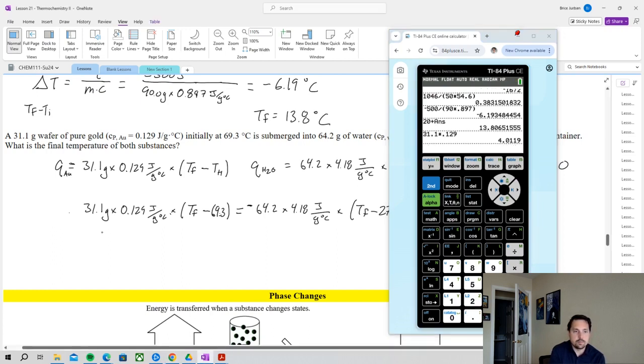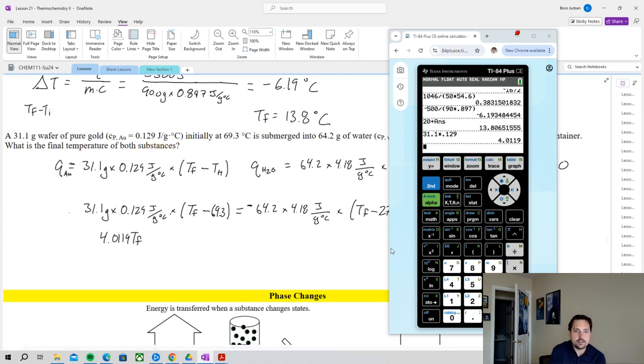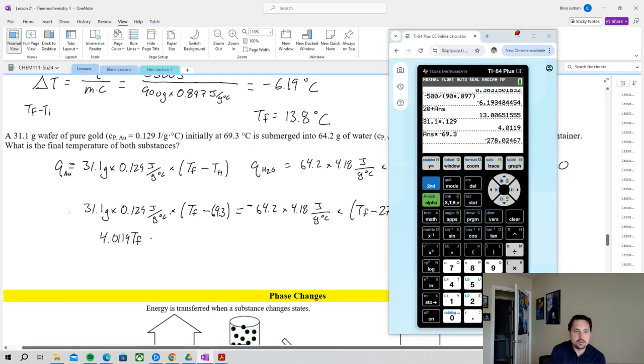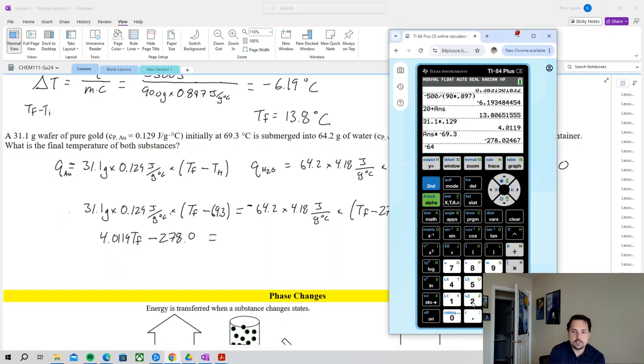So this number, 4.0119 times TF, and then I had to take that same number and multiply it by negative 69.3. And on the other side, take negative 64.2 times 4.18.